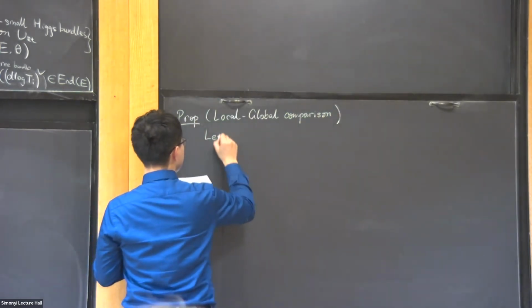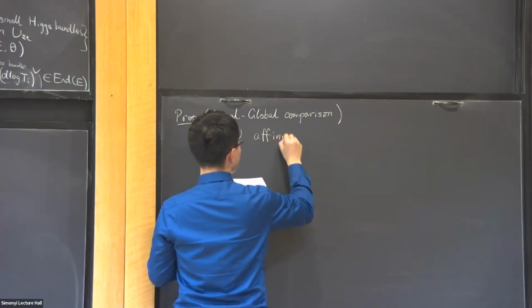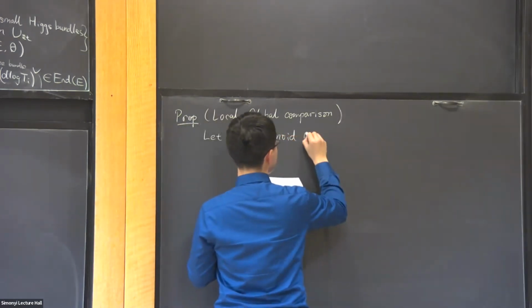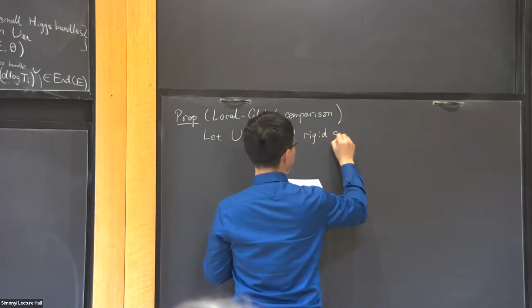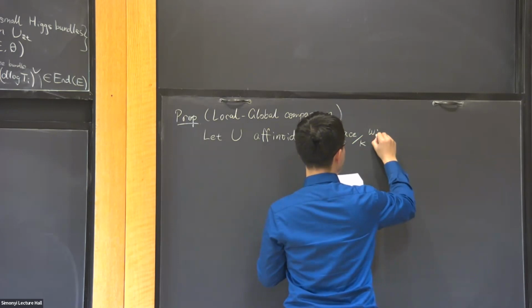So again, let U be a perfectoid rigid space over K with a toric chart.